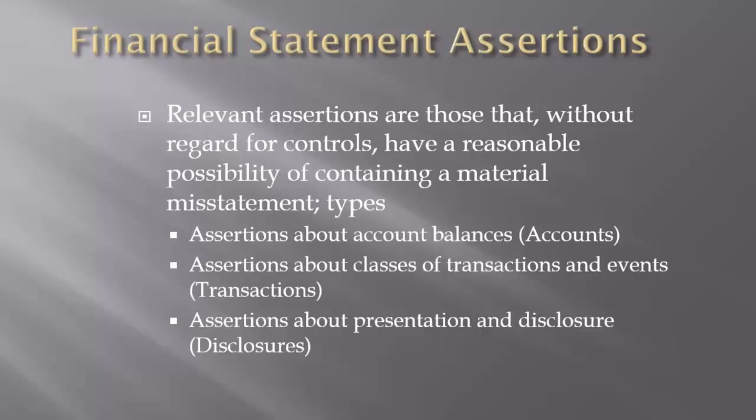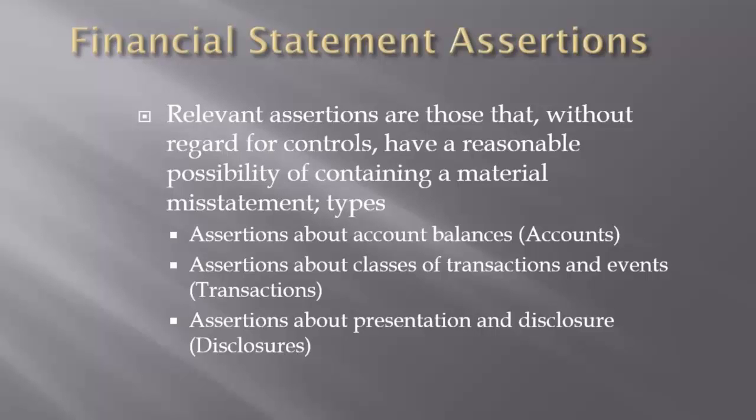When we look at assertions related to transactions, we're looking at the process. So the transactions, as an example, revenue transactions. Revenue is an account balance, but we're also looking at it from the perspective of a transactional process. So we're looking at the controls related to revenue, and the controls related to expenses.